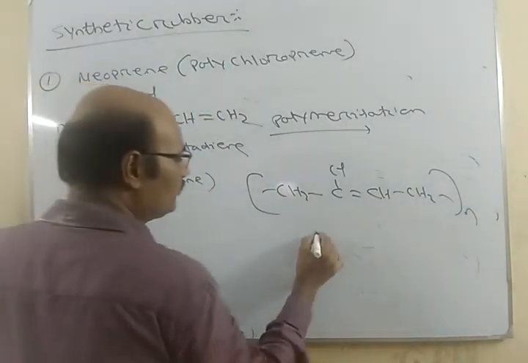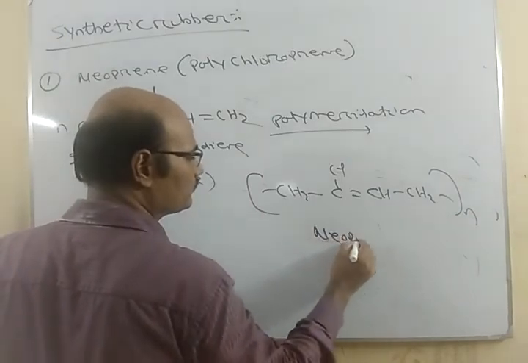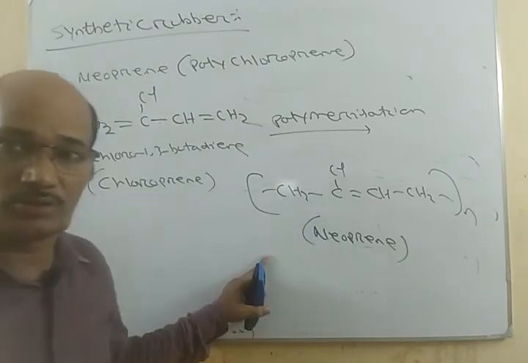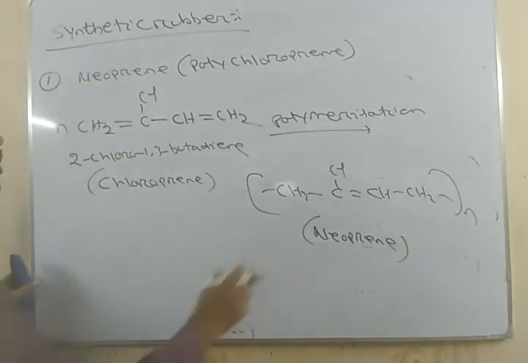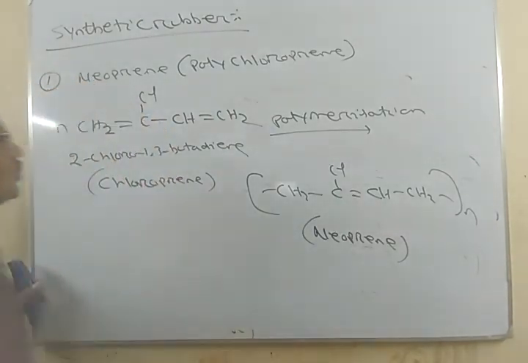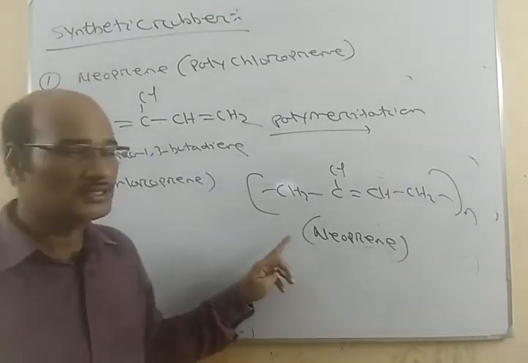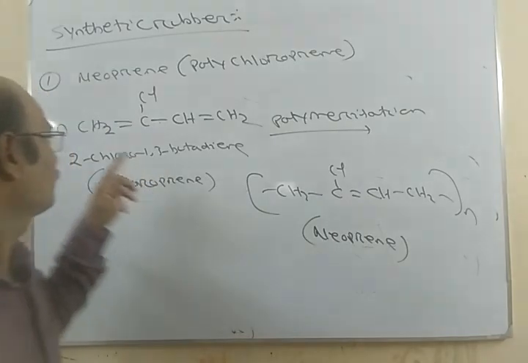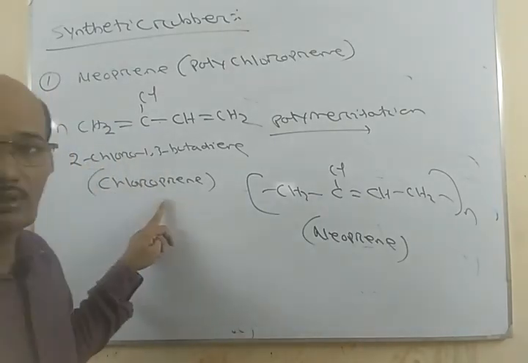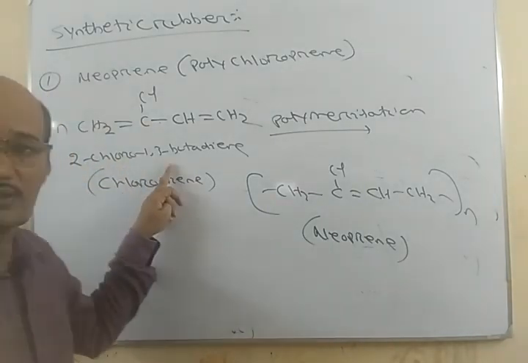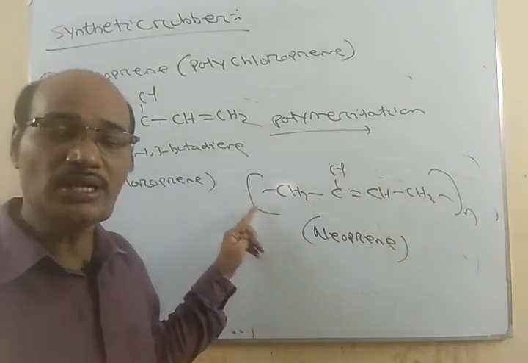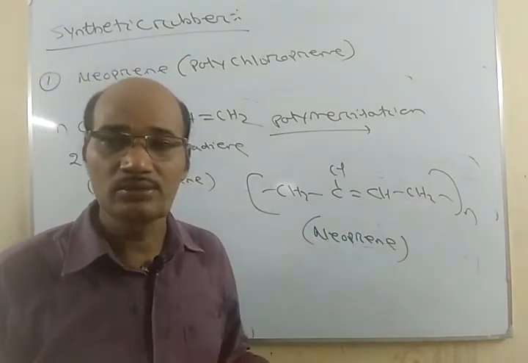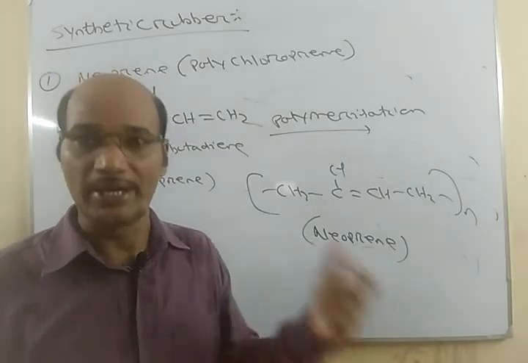This is called neoprene, one of the synthetic rubbers, also called polychloroprene. So neoprene is the synthetic rubber synthesized from the monomer chloroprene or 2-chloro-1,3-butadiene. Similarly, we also have other synthetic rubbers like Buna S and Buna N.